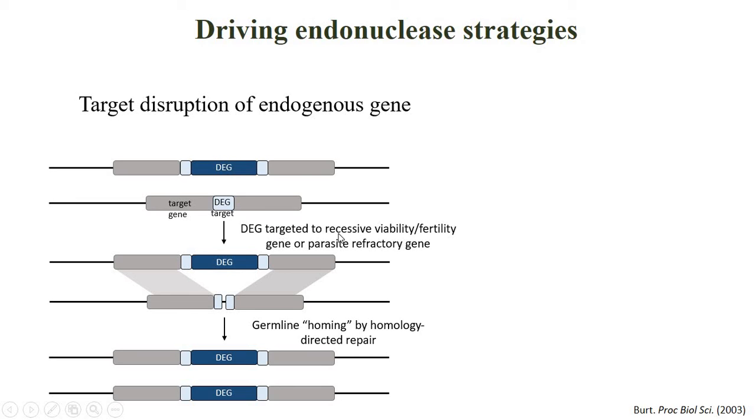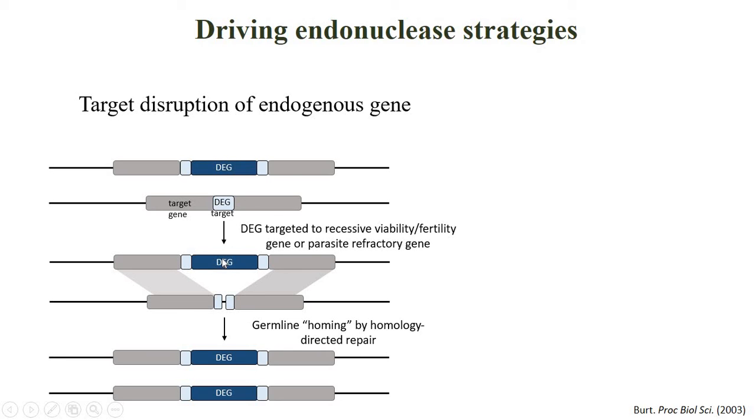This gene can be any gene that may be involved in viability, fertility, or parasite transmission. So if you knock it down, that will lead to non-viable individuals, non-fertile individuals, or individuals that are refractory to the pathogen, such as the malaria parasite or the Zika virus.